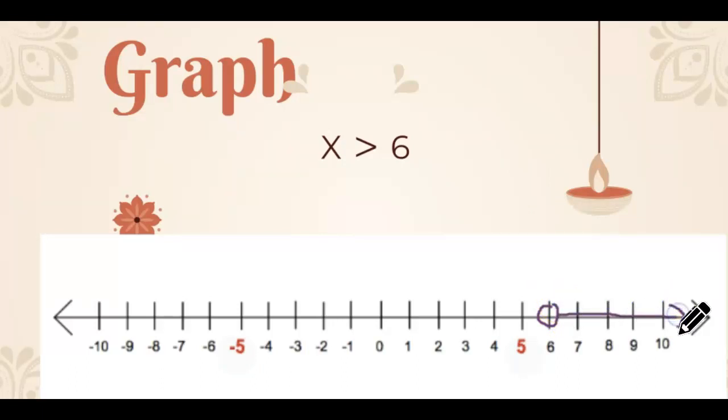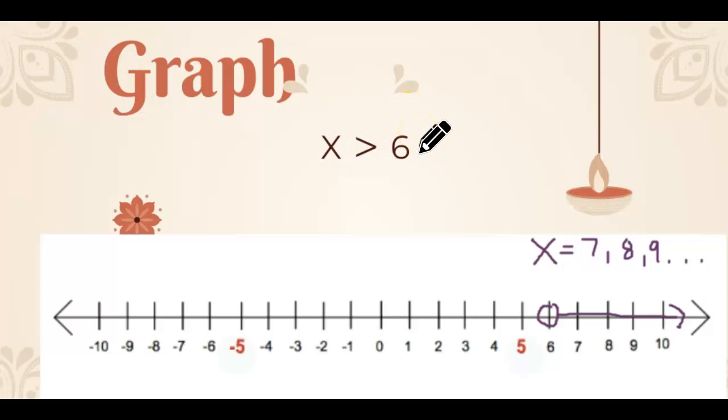X should be greater than 6, and then it goes to 7, 8, 9, 10. So the possible solutions for this inequality start with 7, 8, 9, and so on. You could go all the way to the end on the positive side. Again, 6 is not a possible solution for this inequality because X must be greater than 6.